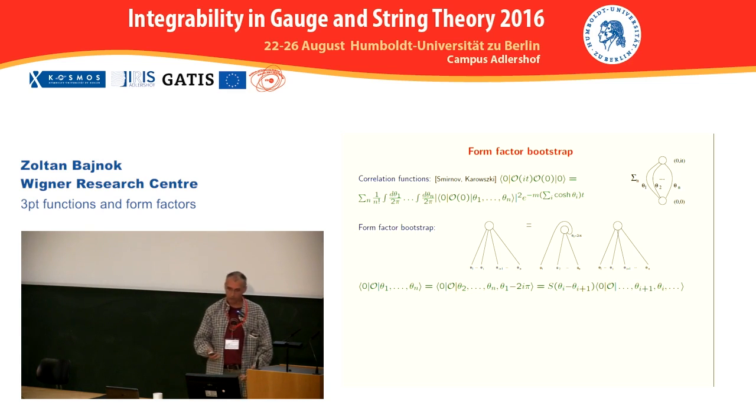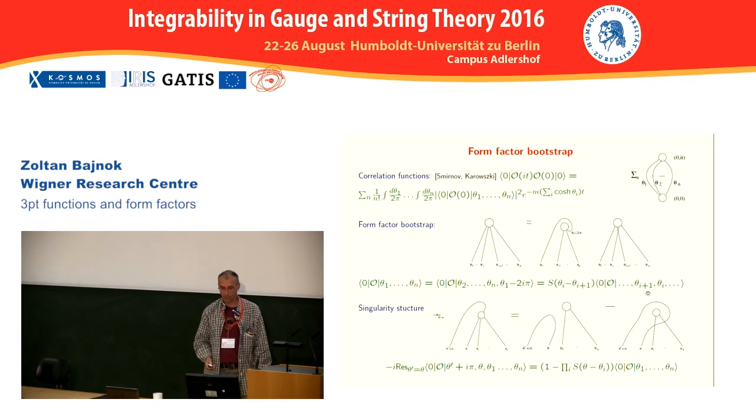But of course, you need to know the analytic structure. You know that poles typically correspond to bound states, but there are theories where there are no bound states, and still there are poles which exist for any form factors. These are the kinematical poles. They happen exactly when one incoming particle and one outgoing particle are exactly the same.